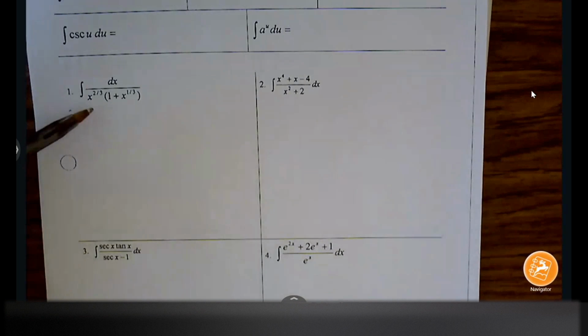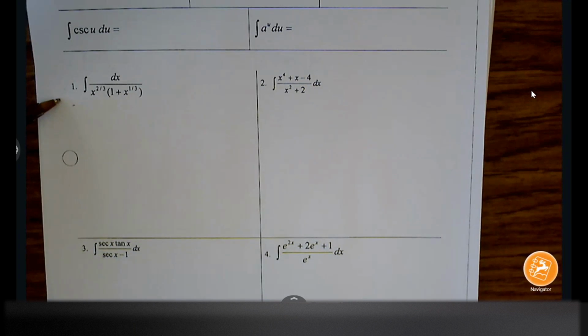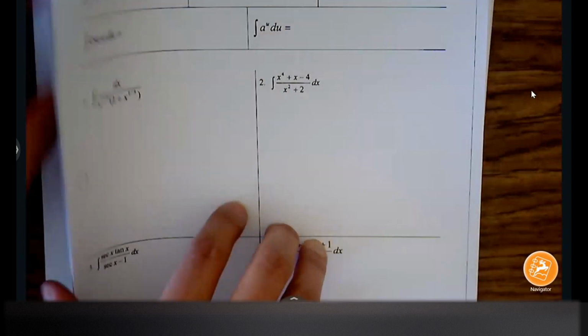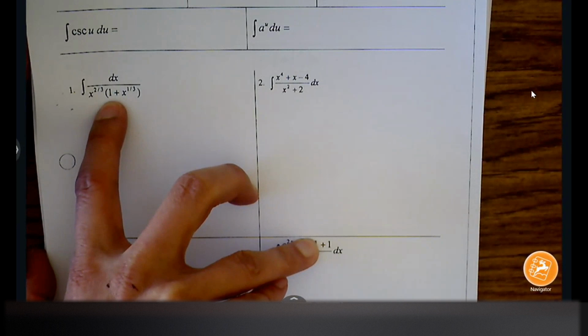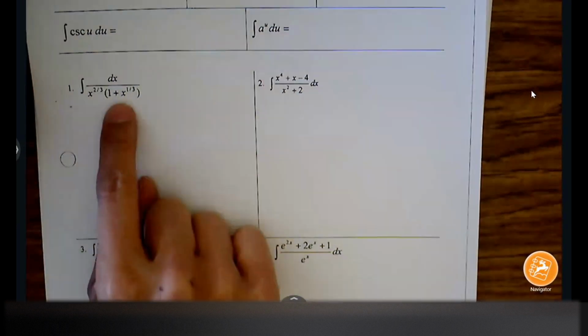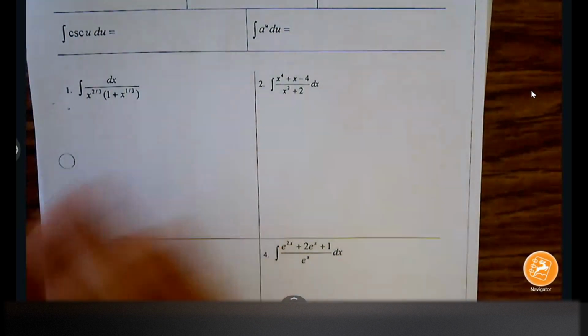Is this a problem that we can work through by expanding or moving things around? We can't move things around because there's not a single term in the denominator. Yeah, multiple terms, and we know we're stuck. So expansion, power rule is out of the question.